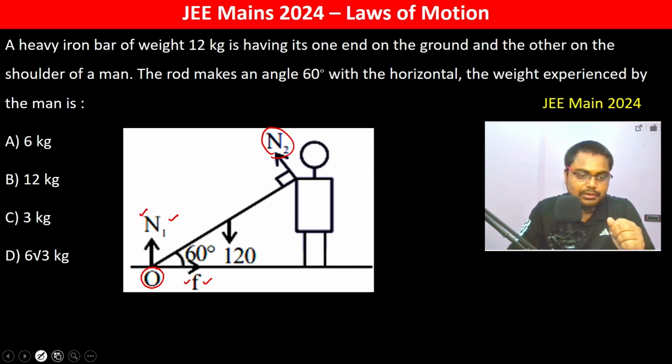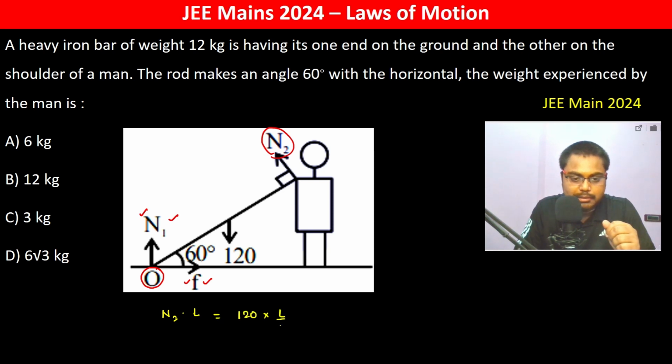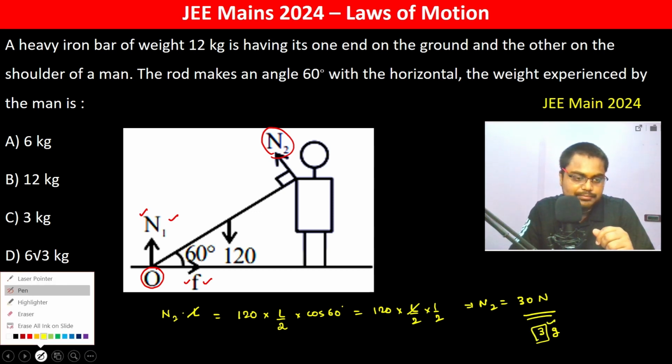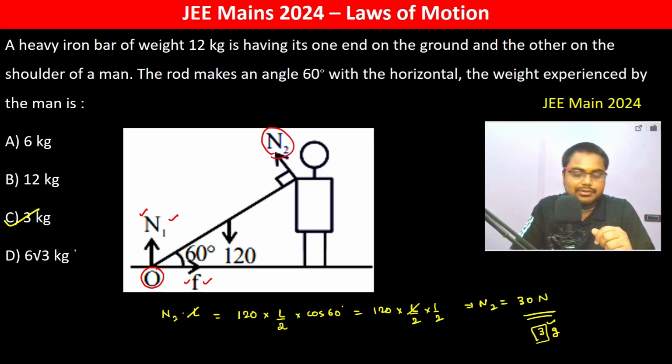So therefore N2 into L will be equal to 120 into L by 2 into cos 60 degree, which is equal to 120 into L by 2 into 1 by 2. L and L is gone. So therefore N2 becomes 30 newtons. Now here it is being mentioned in kg. So this is equivalent to 3g, so equivalent to 3 kgs. So therefore we'll have the answer as C.